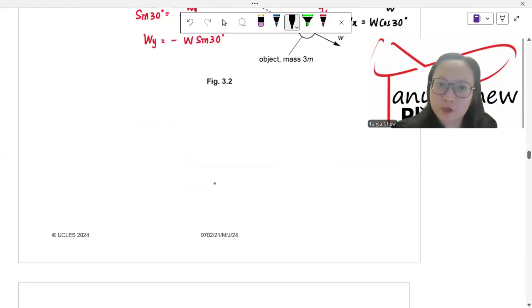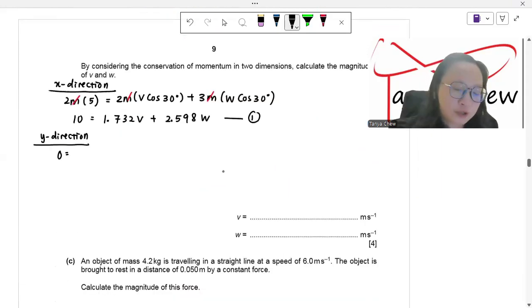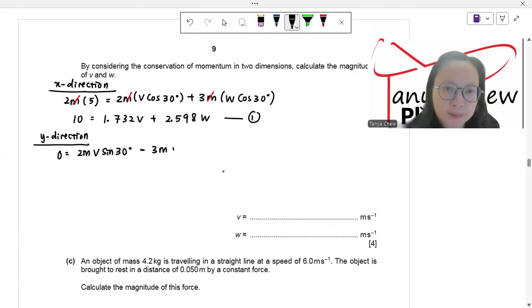Now, let us form an equation in the y direction. So I have 2m V sine 30 minus 3m W sine 30.